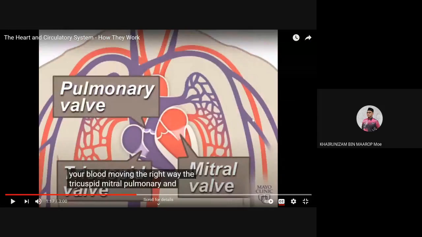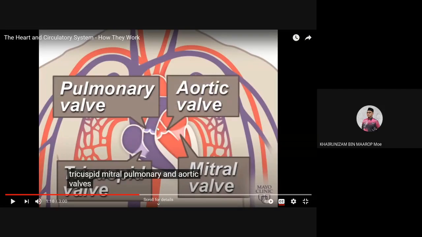Okay, if you look at here, the mitral valve. The mitral valve is actually called the bicuspid valve in your textbook. Okay, and the pulmonary valve and aortic valve are called semi-lunar valves in your textbook.